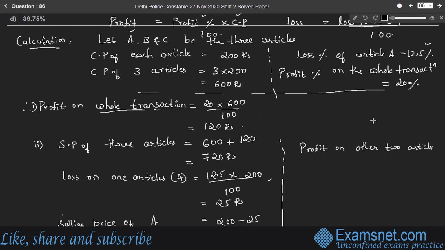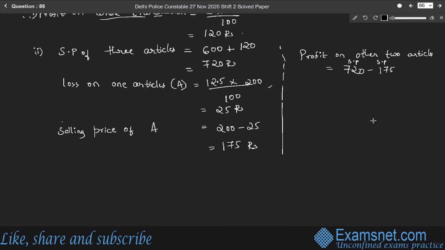Now we are calculating profit on the other 2 articles, which is equal to 720, the selling price of the 3 articles, minus 175, that is the selling price of the article A, which is sold at loss, minus the cost price of the 2 articles, that is 400.